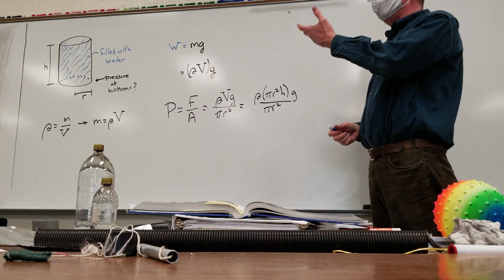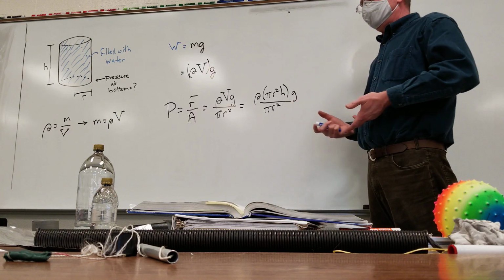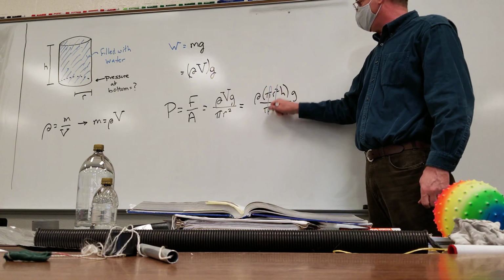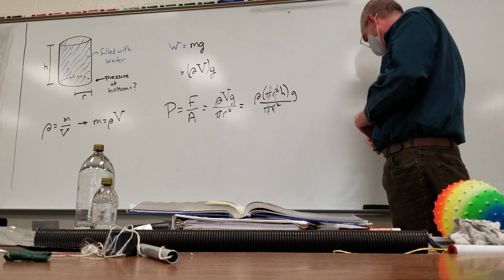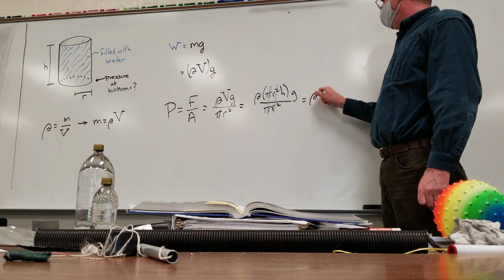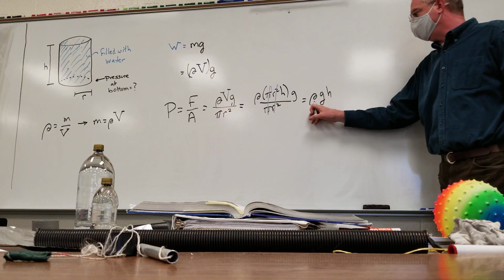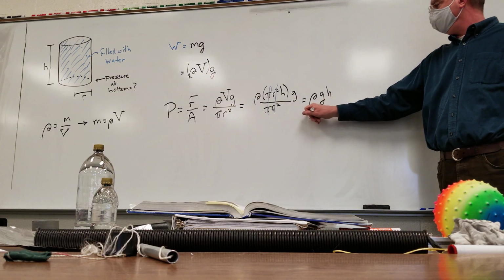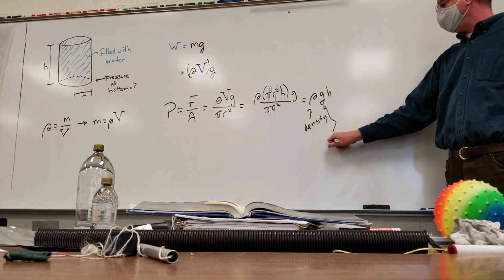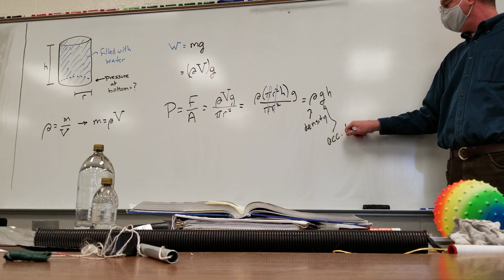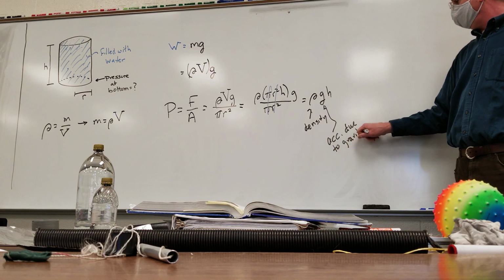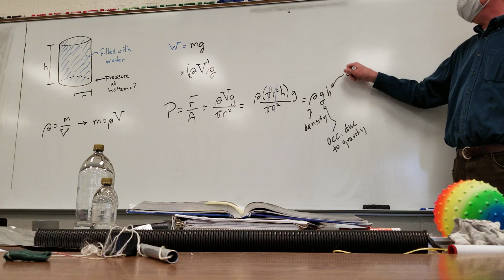Now the fact that the bottom was a circle just made it convenient to do pi r squared, but it didn't have to be, because whatever the area of the bottom is, that's going to cancel out here. And what we're left with is rho g h, where rho is the density, g is the acceleration due to gravity, and h is basically the depth.